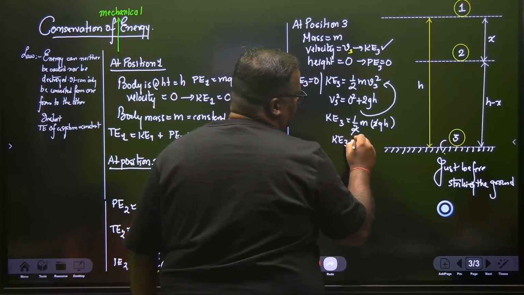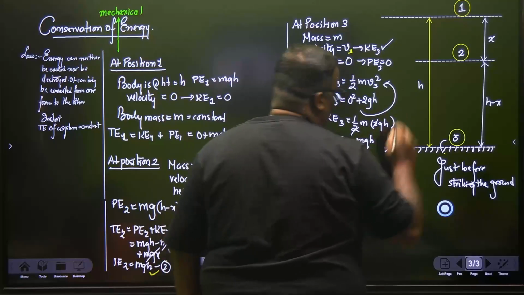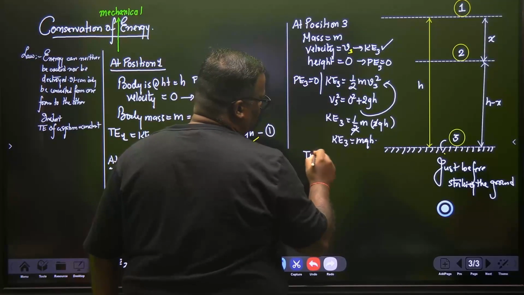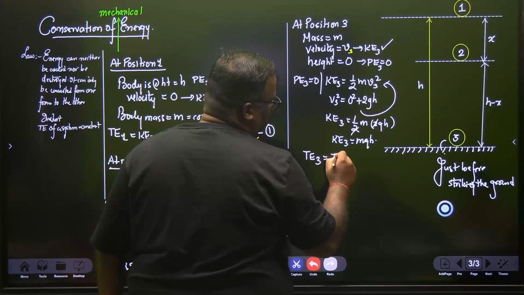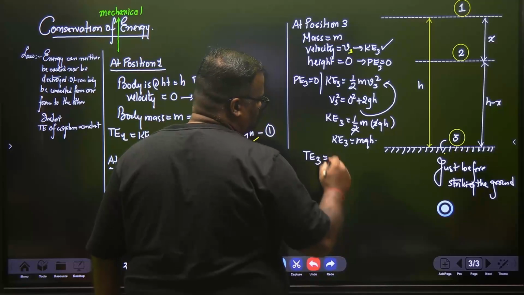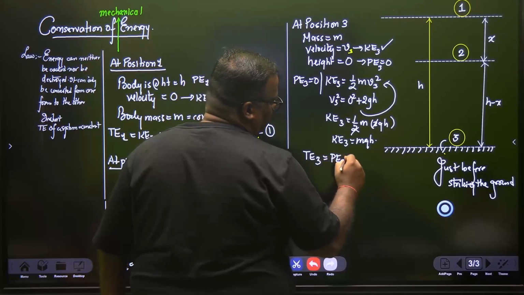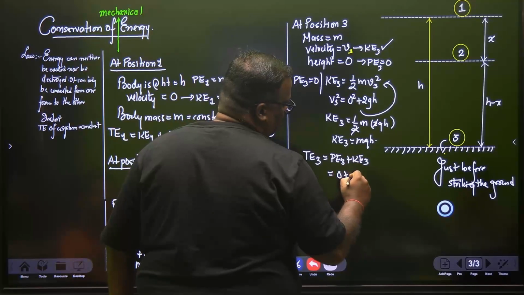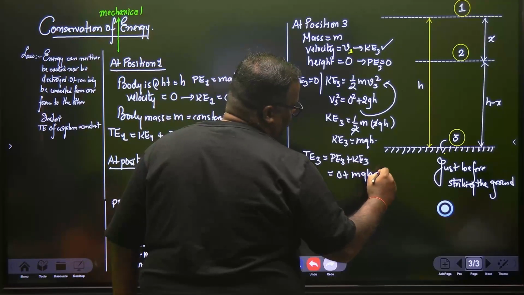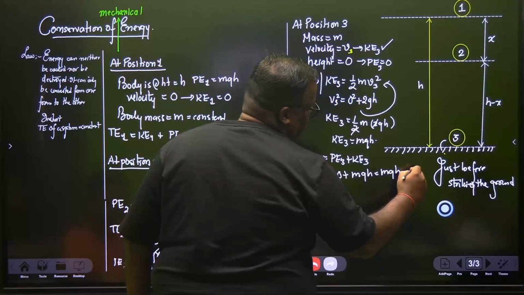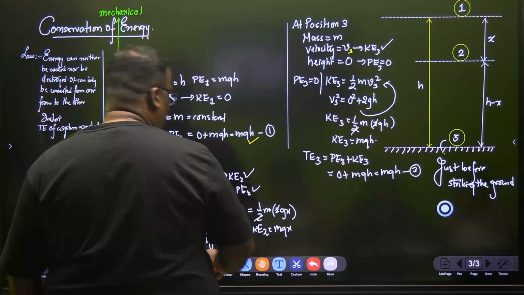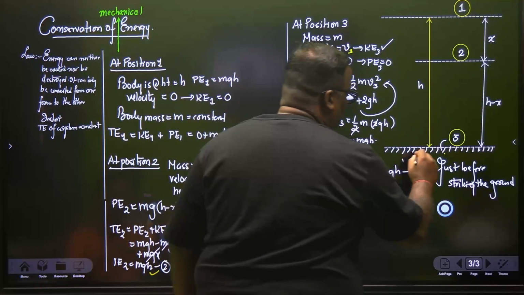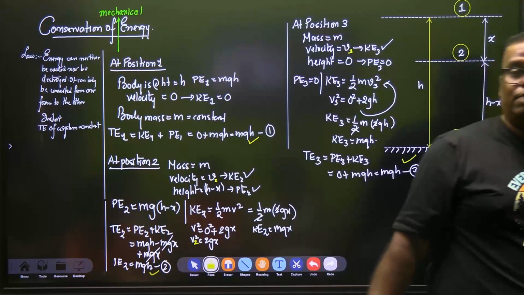KE3 is equal to mgh. Now I need to finally say what is the total energy at 3, which is PE3 plus KE3. PE3's value is 0 plus mgh, which is equal to mgh. So no matter wherever you are, the total energy of the body is always mgh.